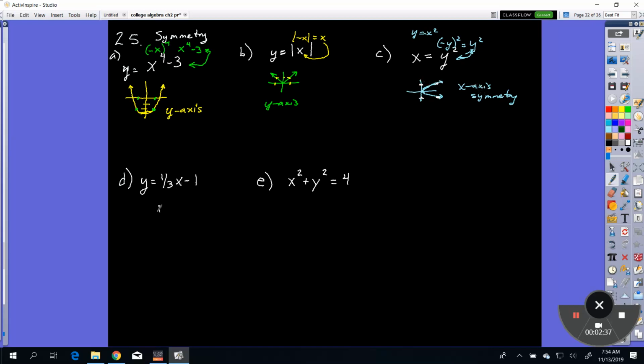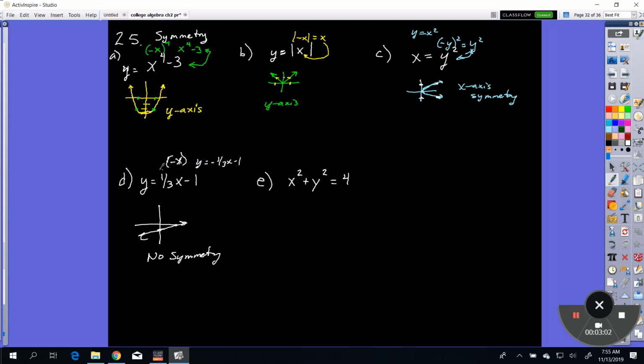On part D, if I graph this, negative 1, I go up 1 over 3. So if I look at my graph, there is no symmetry. Okay, and again, if I replace this with negative x, I would get y equals negative 1/3 x minus 1. Well, that's no good.